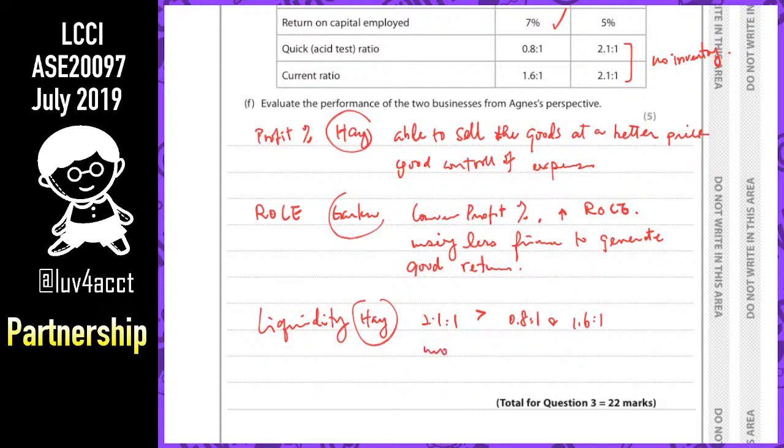It means that Hay Limited is more able to repay current liabilities using its current assets. And also there is no inventory. No inventory meaning no risk of inventory impairment, no risk of inventory theft, something like that.